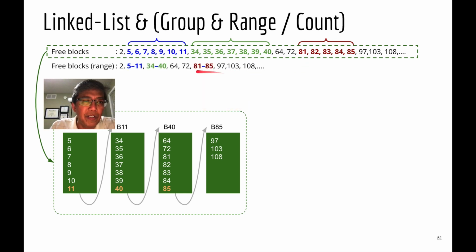So instead of using an enumerated list of blocks, I can replace each group with a range. So I can start with number 2, and then 5 to 11, and then 34 to 40, 64, and then 81 to 85. So we can see from this technique, we can make the list shorter if we replace adjacent blocks with a range.